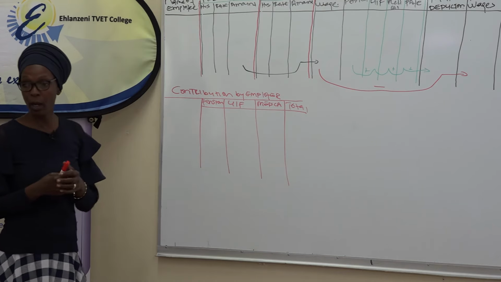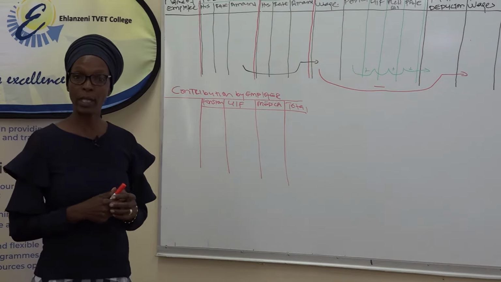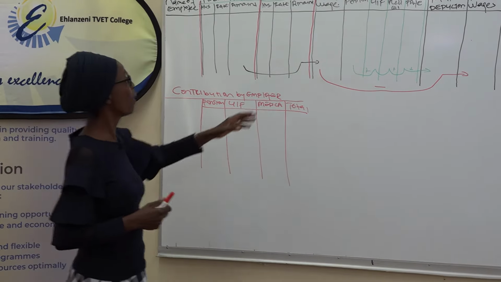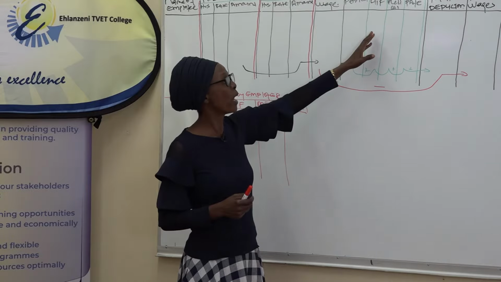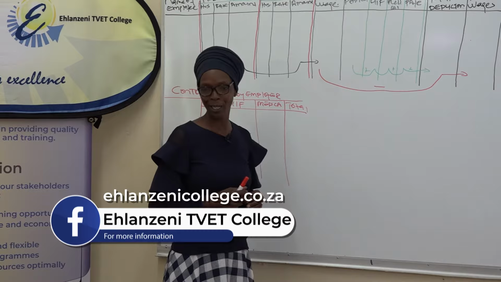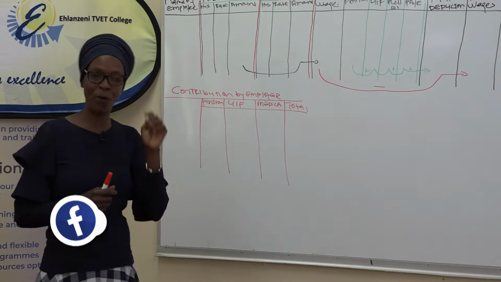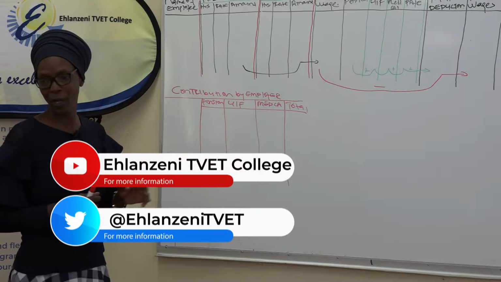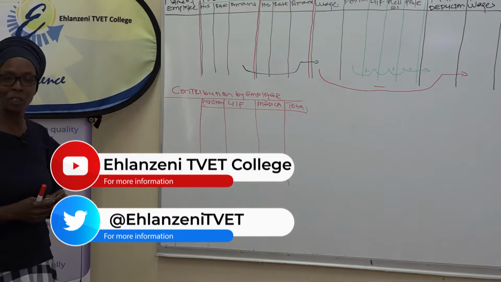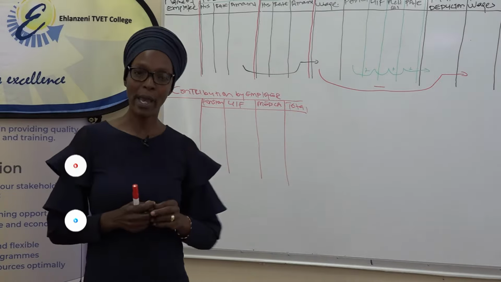Every organization used to contribute for their employees for the pension, the UIF, and the medical, except the pay-as-you-earn, because each and every employee is supposed to pay the pay-as-you-earn for himself. There is no contribution by the employer for the pay-as-you-earn.